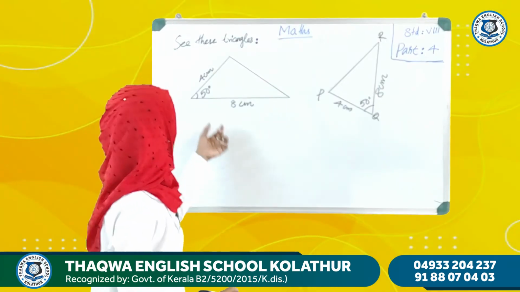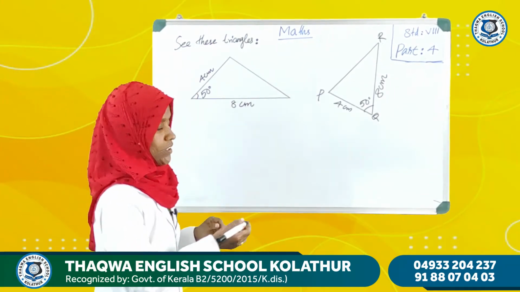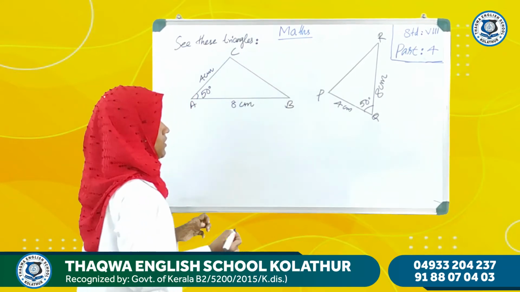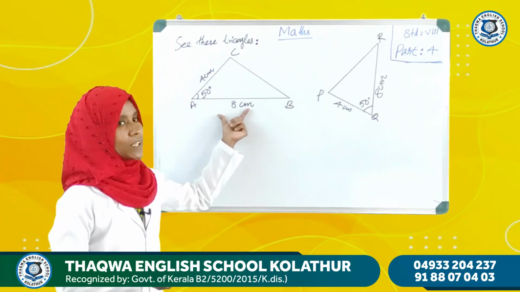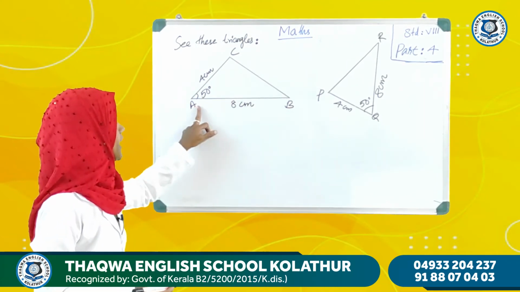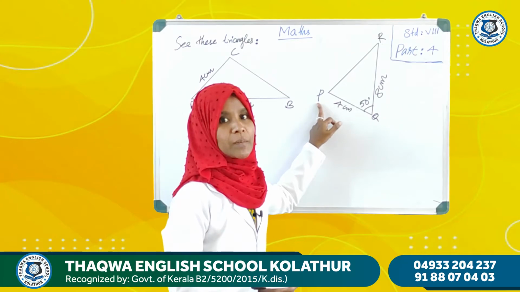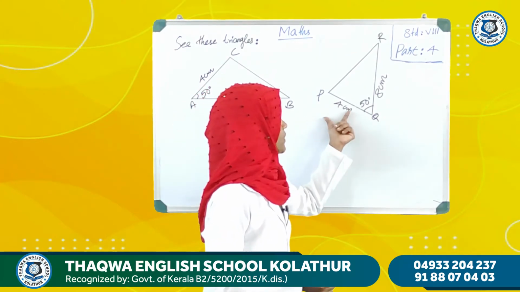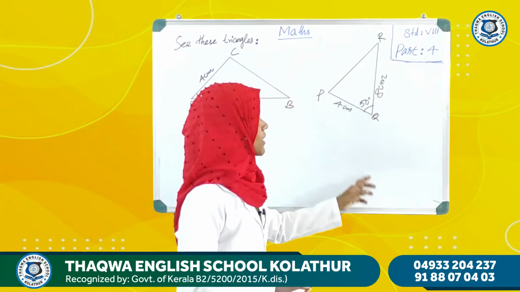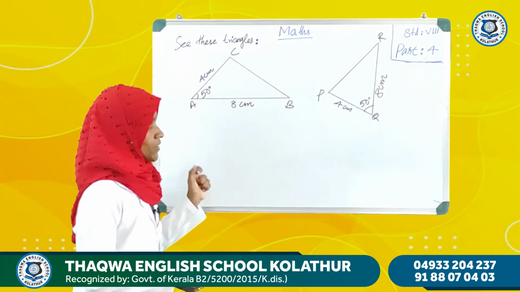Listen, see these triangles. First triangle ABC with AB 8 centimeter, AC 4 centimeter and angle A 50 degrees. Then the next triangle PQR with PQ 4 centimeter, QR 8 centimeter and angle Q 50 degrees.